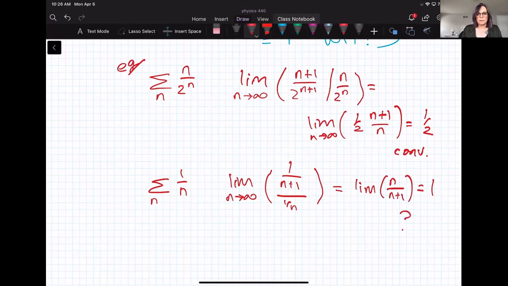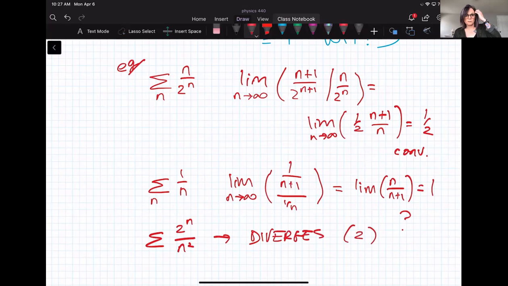We can't say anything about that, right? Which suggests we have to use something more powerful. And then you can look at, say, 2 to the n over n squared. If you try that, you should get that this diverges. In fact, it's pretty easy to show that the result of that is 2.